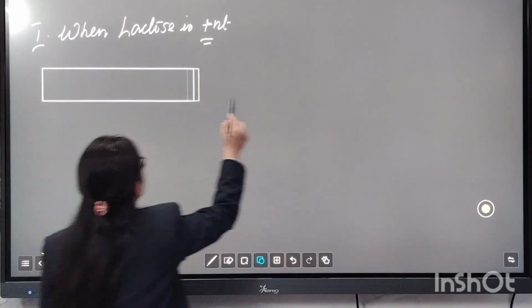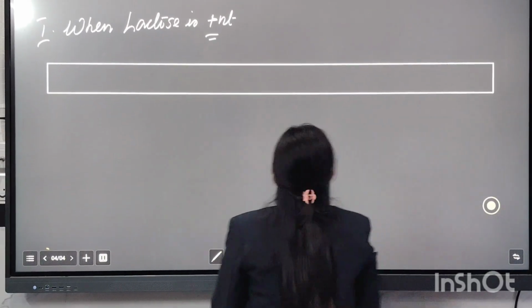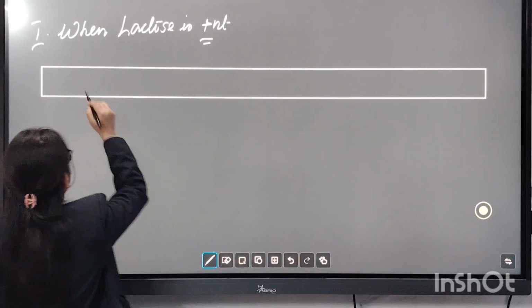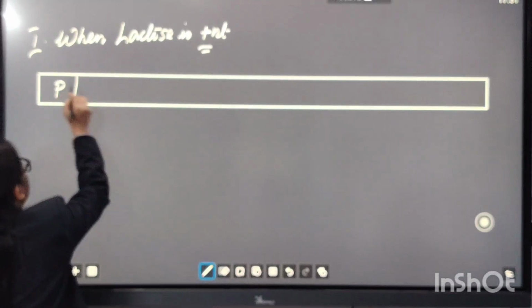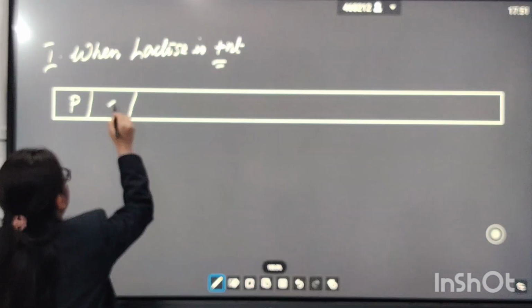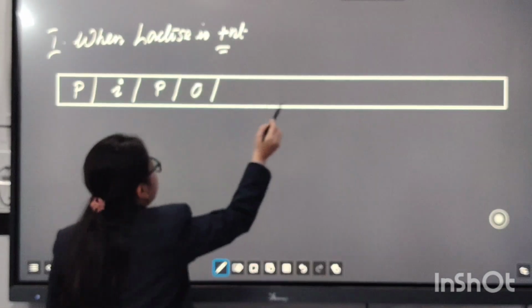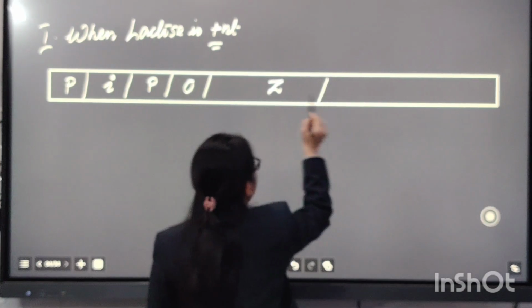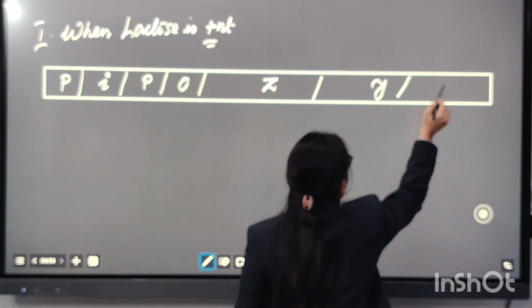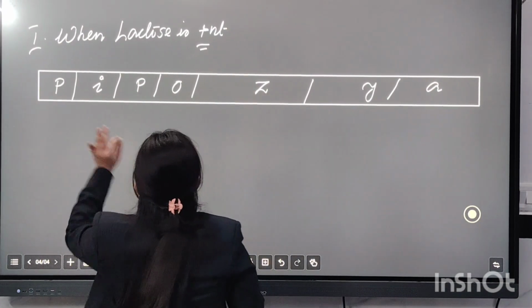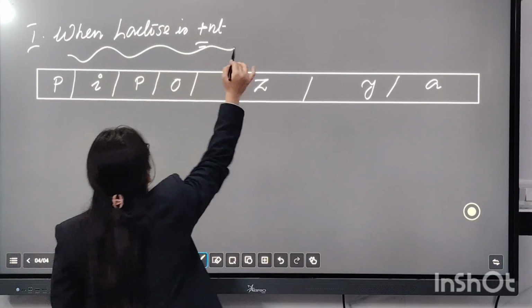We have this PPO-ZYA, right? When lactose is present, what will happen?